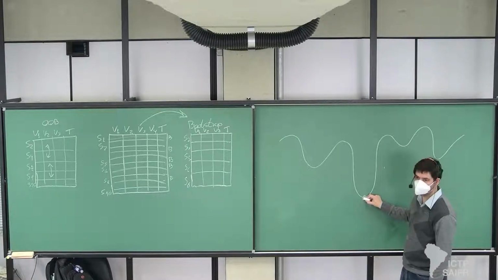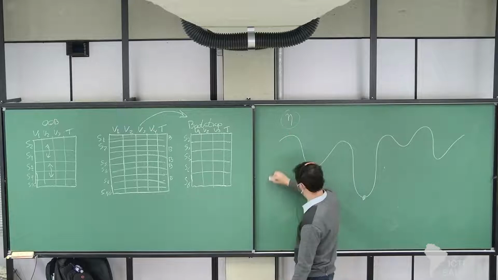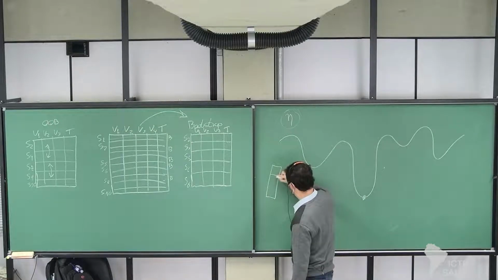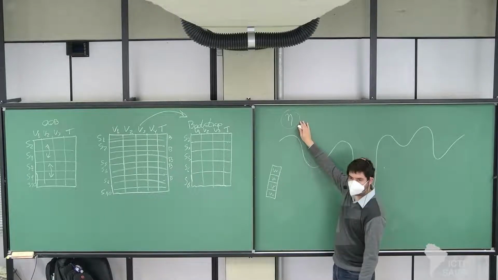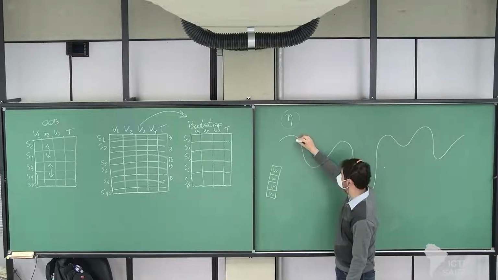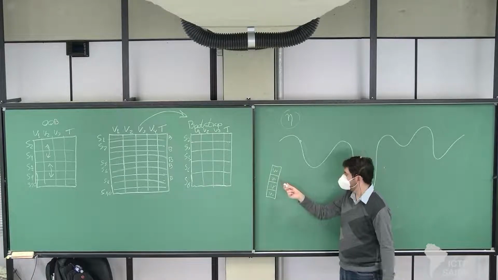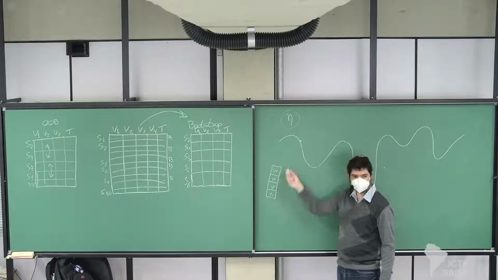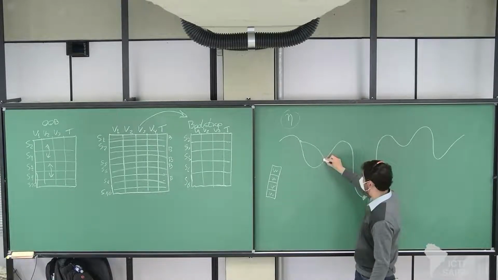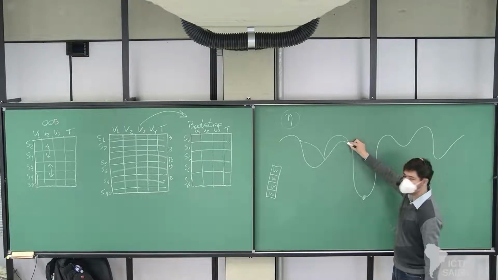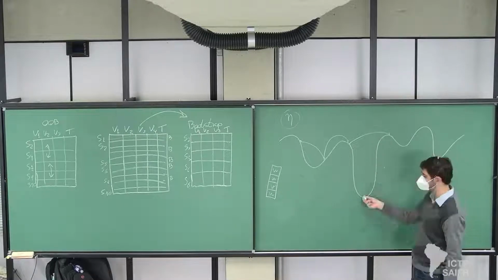The higher my learning rate, which is used to adjust my weight vector, the higher the adjustment in the vector of weights. And the higher this adjustment, the bigger the jumps I make on the error surface, so I have more chances to jump over, for example, the global minimum.